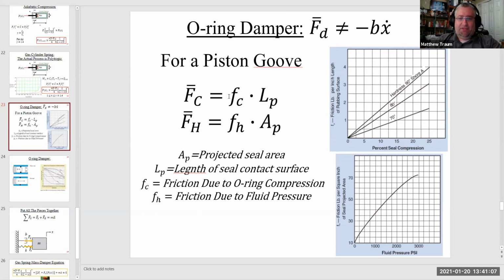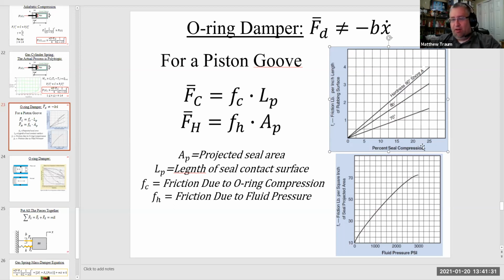Well, F sub C comes from this chart in the Parker O-ring handbook. I get a percentage of seal compression: I take my O-ring, measure it uncompressed, and then determine how much compression it experiences when I put it into the piston cylinder apparatus.